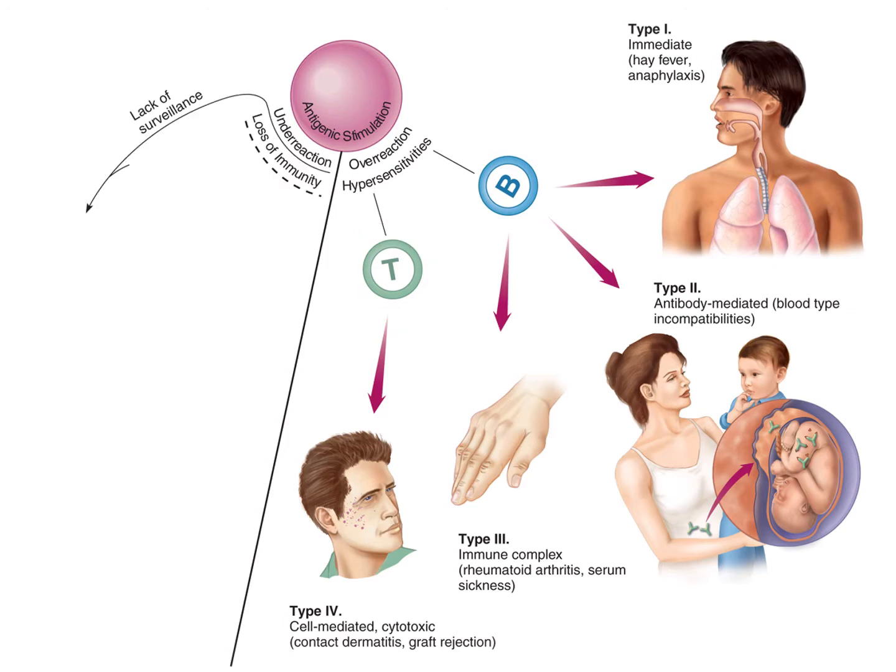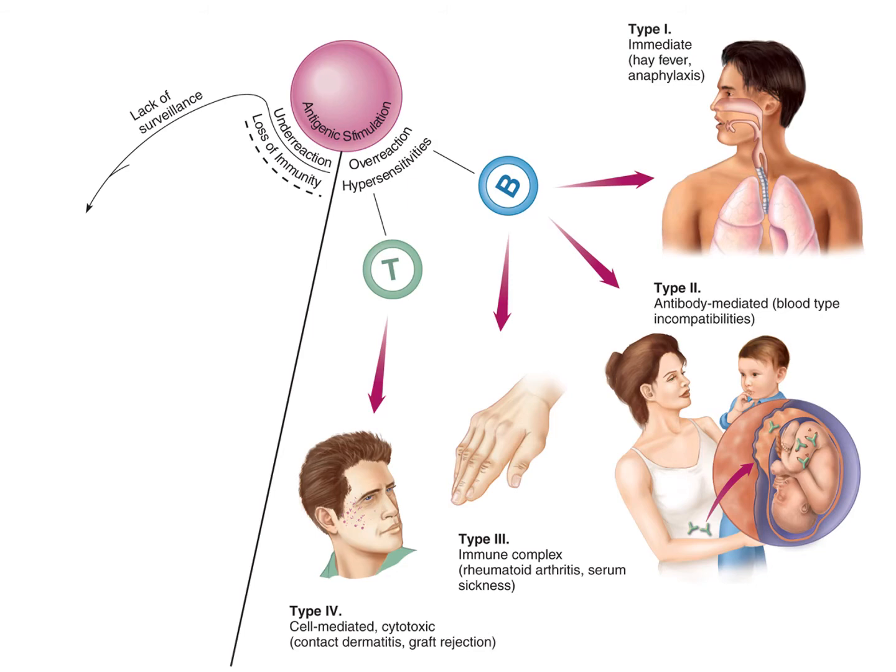The other type of disorder associated with the immune system is an underreaction. So an underreaction means that the immune system is not responding when it should. So this is a loss of immunity, or it also can be referred to as when the individual is immunocompromised.